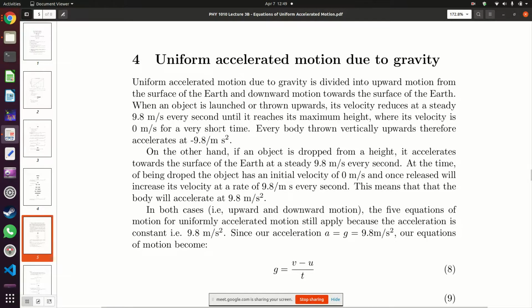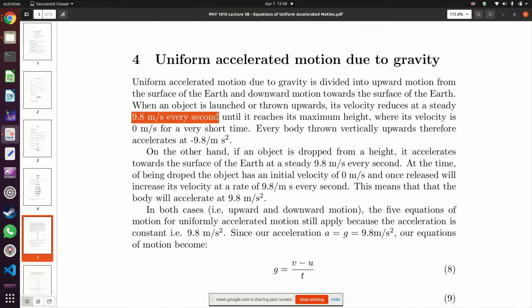The acceleration with which the velocity of any object increases, in terms of gravity, is 9.8 meters per second every second. So with gravity on Earth, not everywhere else in the universe, but on Earth, the velocity is going to increase by 9.8 meters per second.